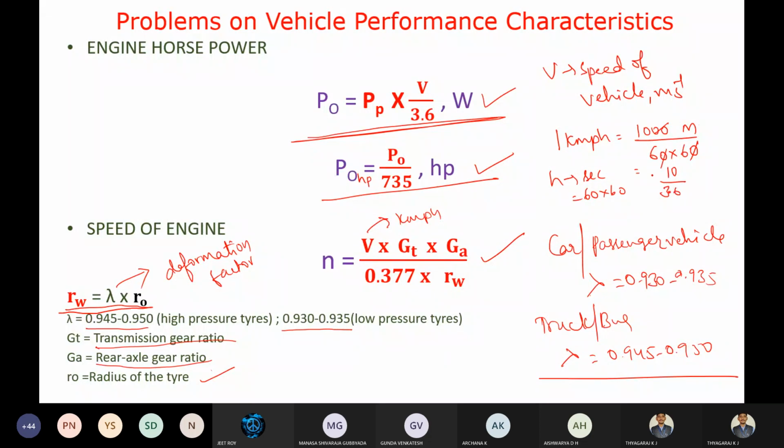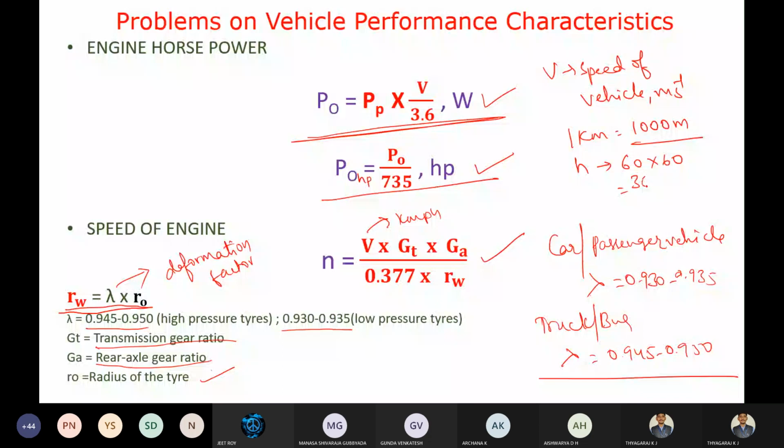So one kilometer is equal to 1000 meter. Hour to seconds is 60 into 60. Yes or no? Is it right?